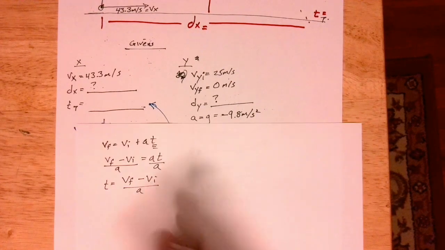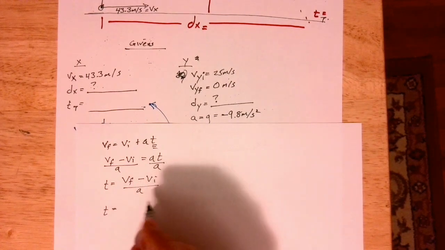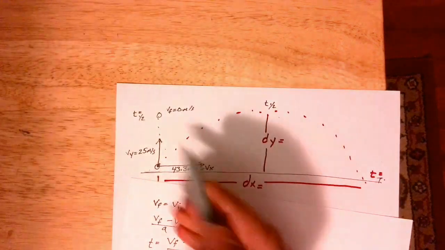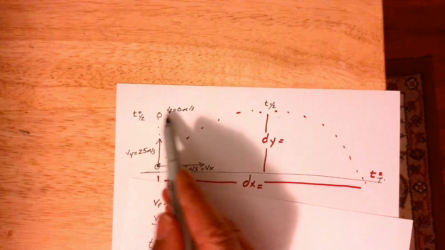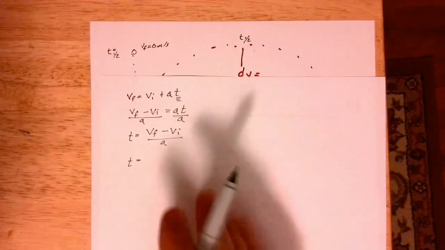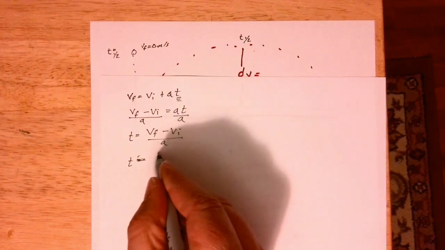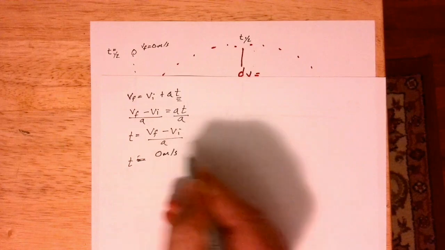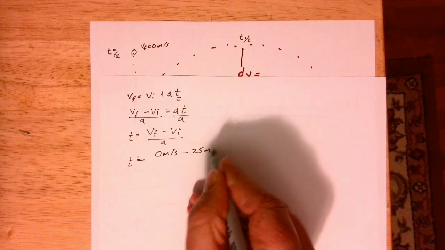I'm going to plug in the values. Time is equal to the final velocity. This is the final velocity when it reaches the highest point vertically, which is 0 meters per second. Its initial velocity was being thrown up at 25 meters per second.